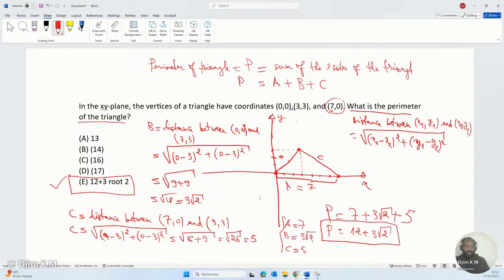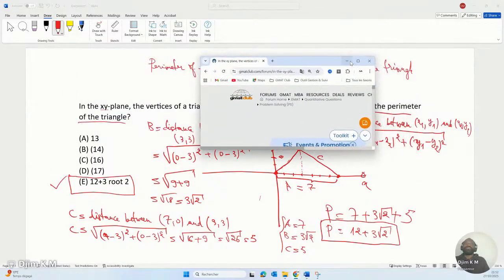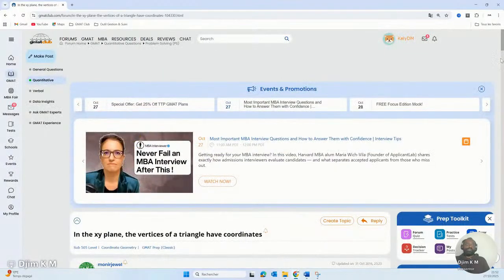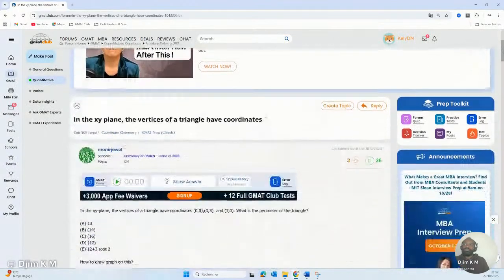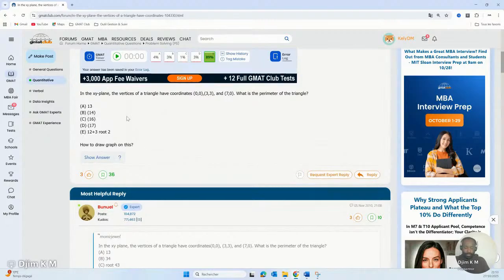Let's find the answer. Answer E. That's our answer.